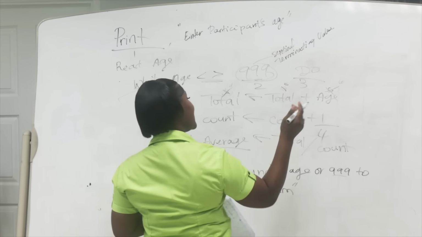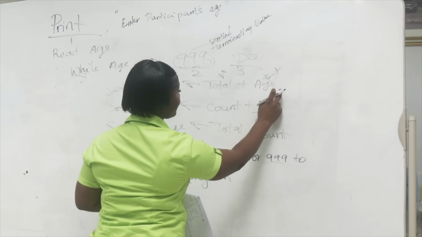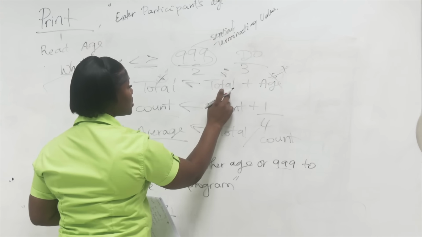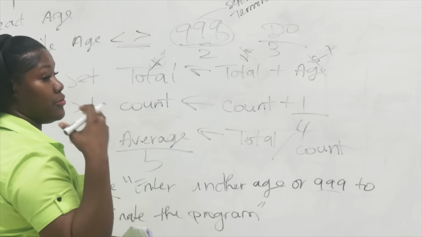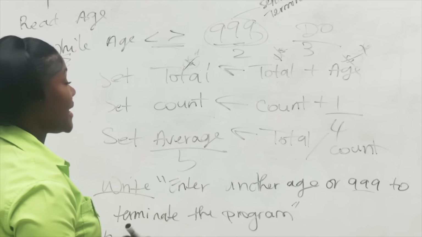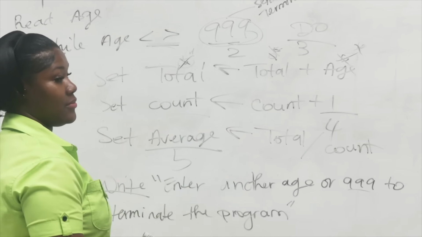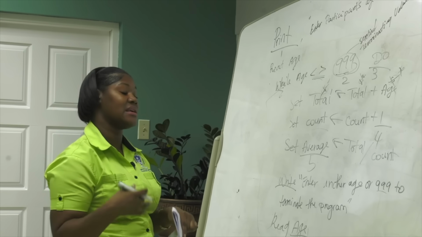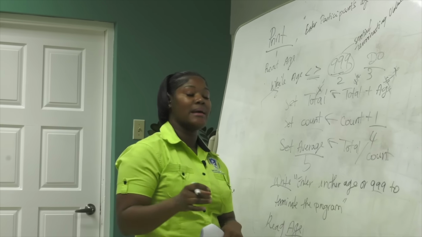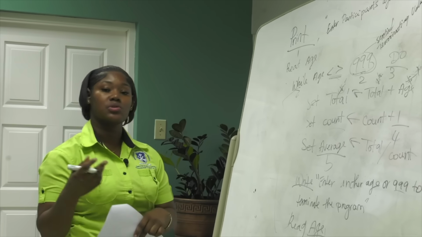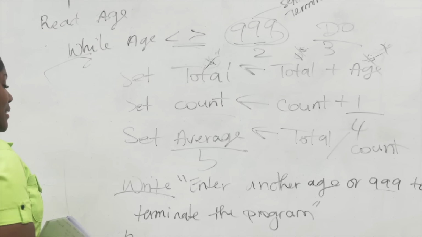And then remember, every time you get the age, it is added to total, which allows whatever is stored in total to be replaced with the new value, right? And then one is added to count again. So it just keeps building up, it keeps increasing. And then the average is found, where we say average is equal to total divided by count. Then we prompt for the age again, and we test.